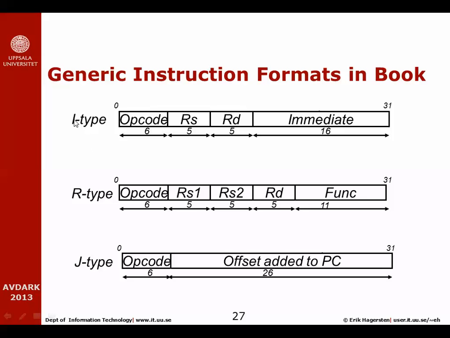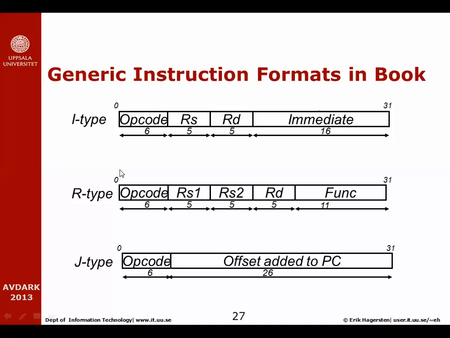So an immediate type means that beyond the opcode, you can identify 2 registers, a source and a destination register, and also an immediate, a constant that can hold up to 16 bits.